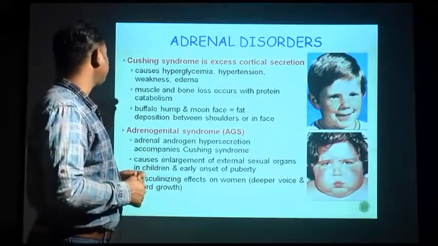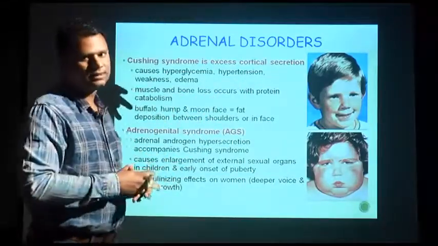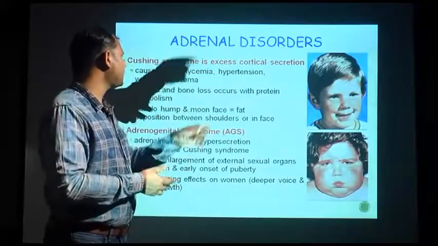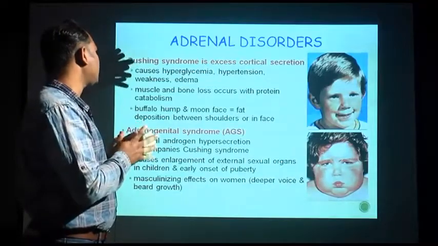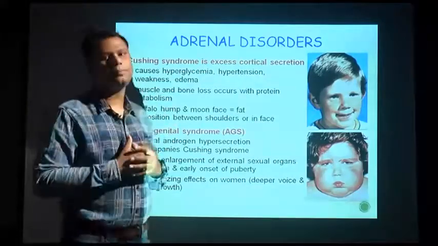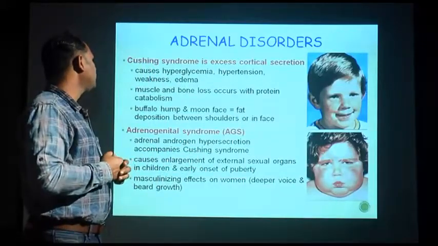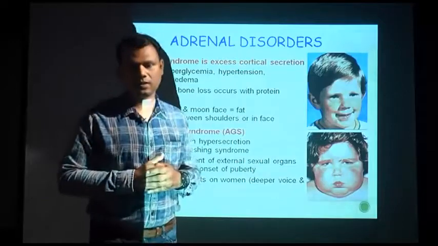Another important point is that sometimes the face becomes a moon face. The face becomes moon shaped, fat deposition occurs, and that's how the shoulder becomes bumpy. So it is also known as a buffalo hump disorder. So Cushing syndrome is sometimes known as moon face disorder or buffalo hump disorder.